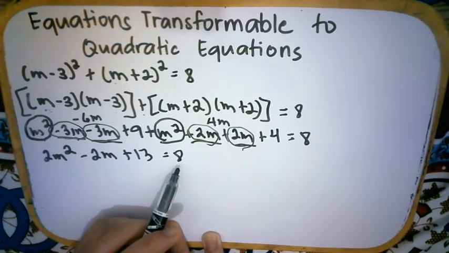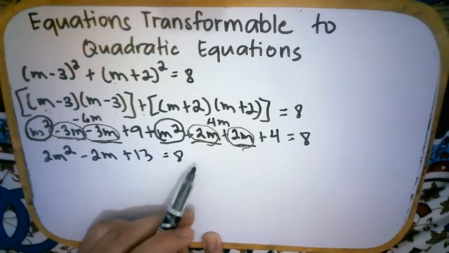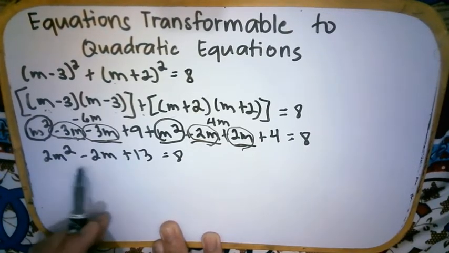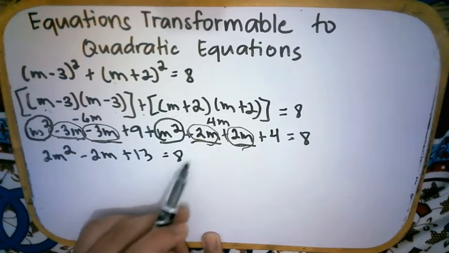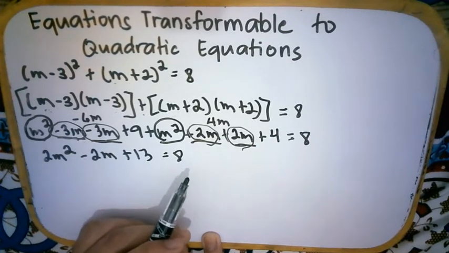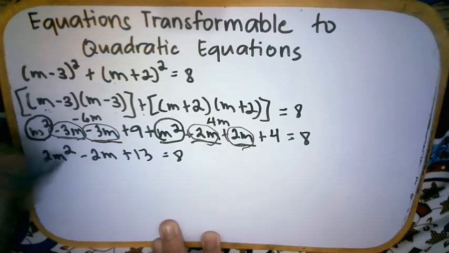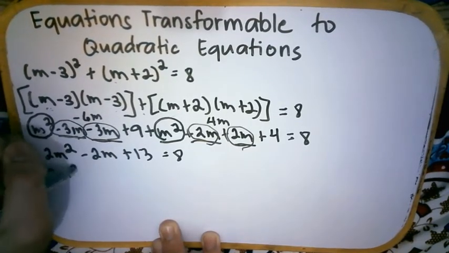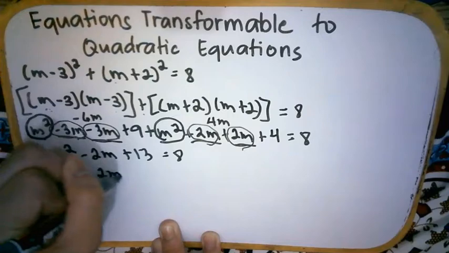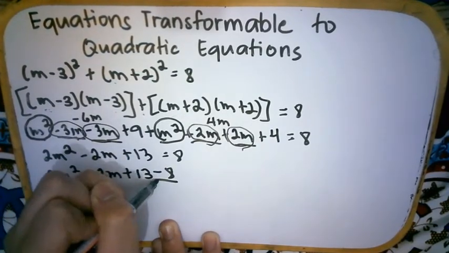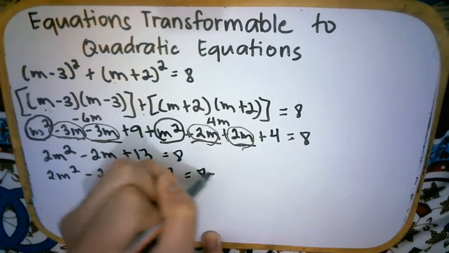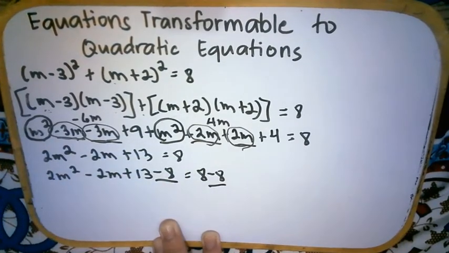So to make it standard, kailangan 0 yung right side. And of course, kailangan descending order yung ating left side. So to make this 0, we are going to subtract 8 both sides. 2m squared minus 2m plus 13 minus 8 is equal to 8 minus 8. So do it to the left, do it to the right.